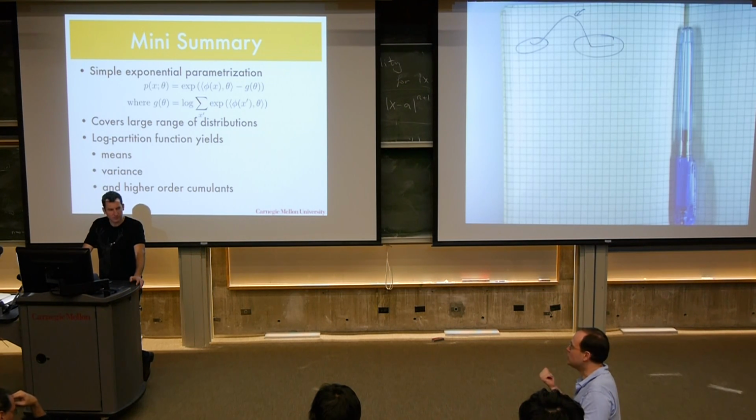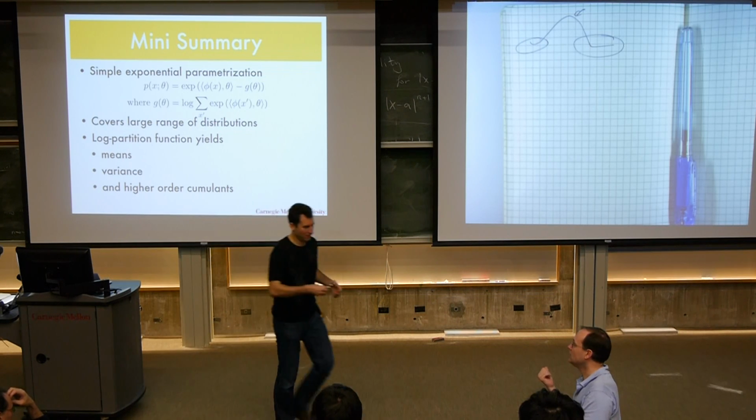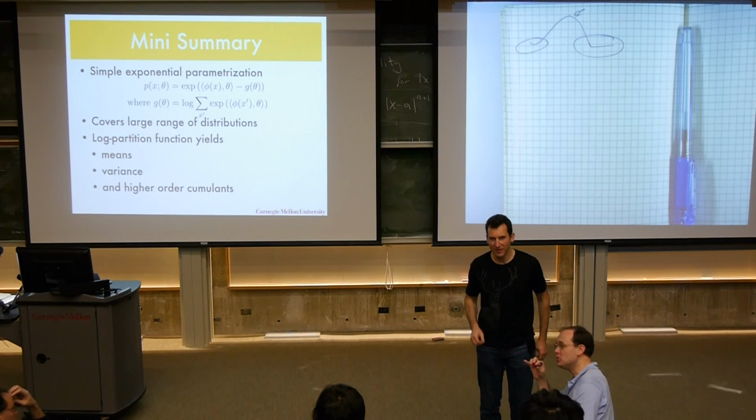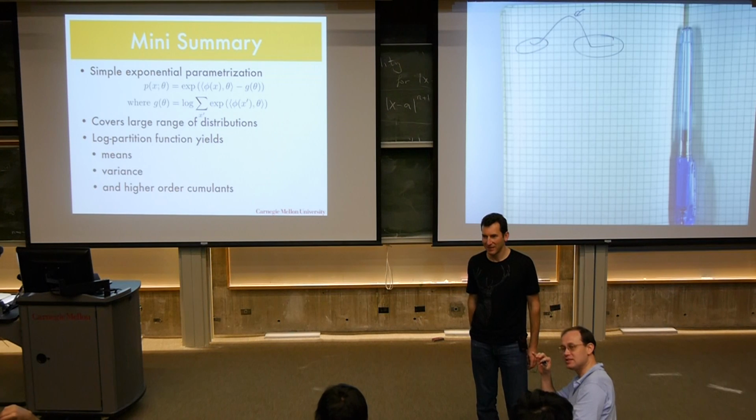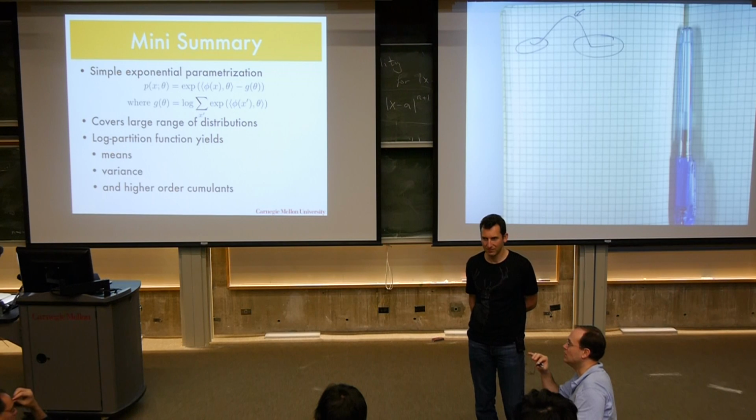Pretty much any distribution can be represented as a member of some set that's an exponential family, but it could be that a particular set of distributions does not form an exponential family. So I don't know, if you have all normal distributions plus all Poisson distributions, there's no nice exponential family that gives you that set.